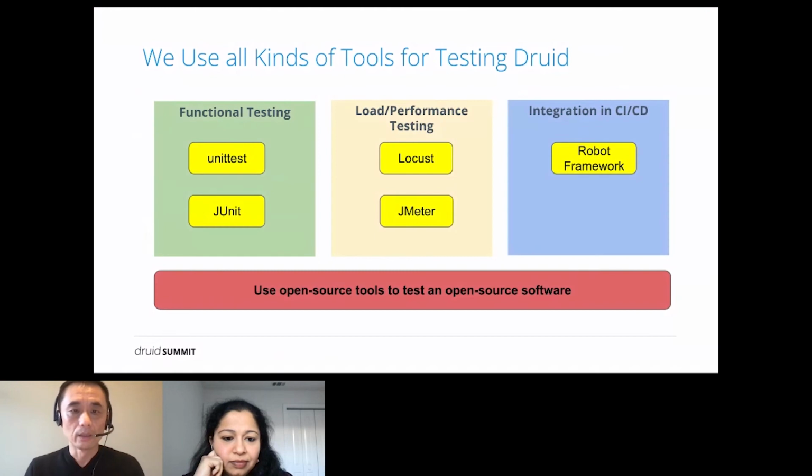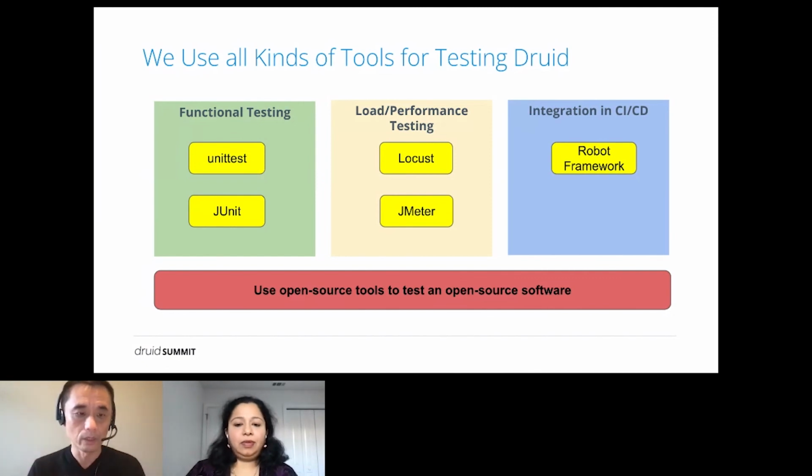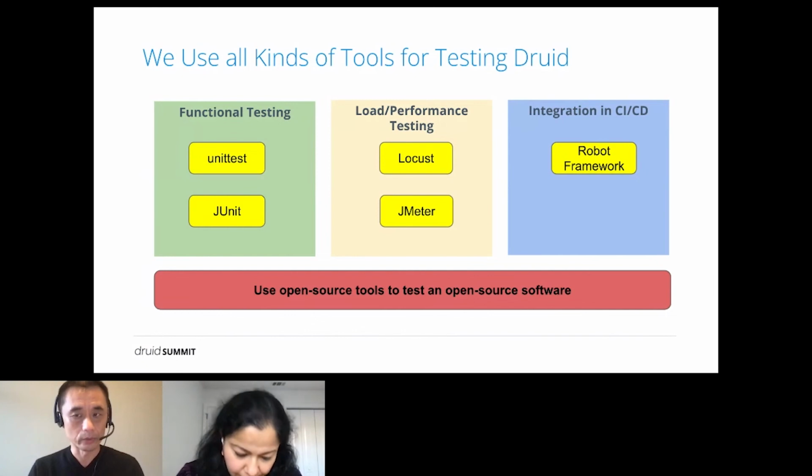Okay, testing tools. We use all kinds of tools for testing Druid. For functional testing, we use unit tests with JUnit. For load performance testing, it's the usual suspects: we use Locust and JMeter, depending on which one is more convenient for the feature you want to test, or which API you want to drive through.